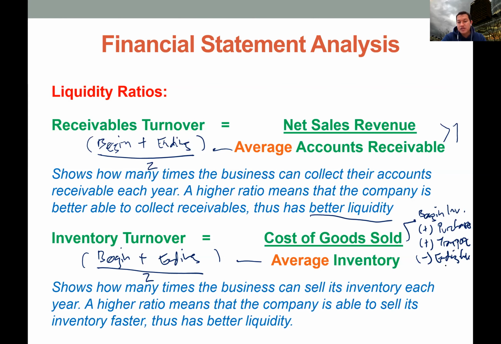It is basically showing you the cost of the inventory that's sold to the customers. Sometimes in the question or in the final exam, the question will not give you the cost of goods sold, and you have to calculate it on your own using this simple formula.